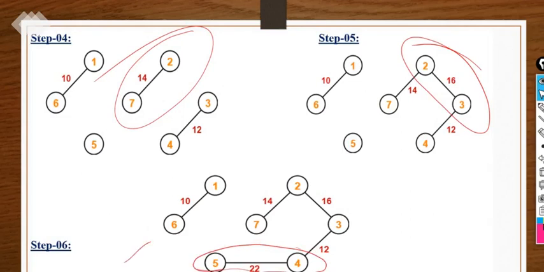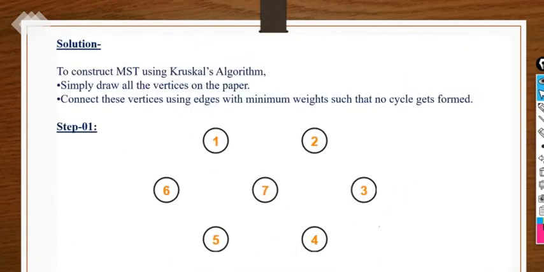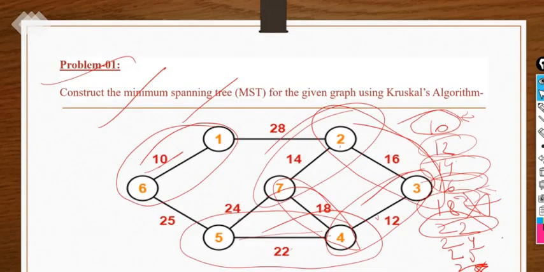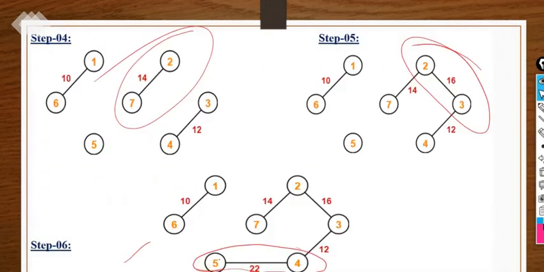Now we have to repeat these steps until we get a connected graph which has all the vertices of the graph. Next one is 24, 7 and 5.